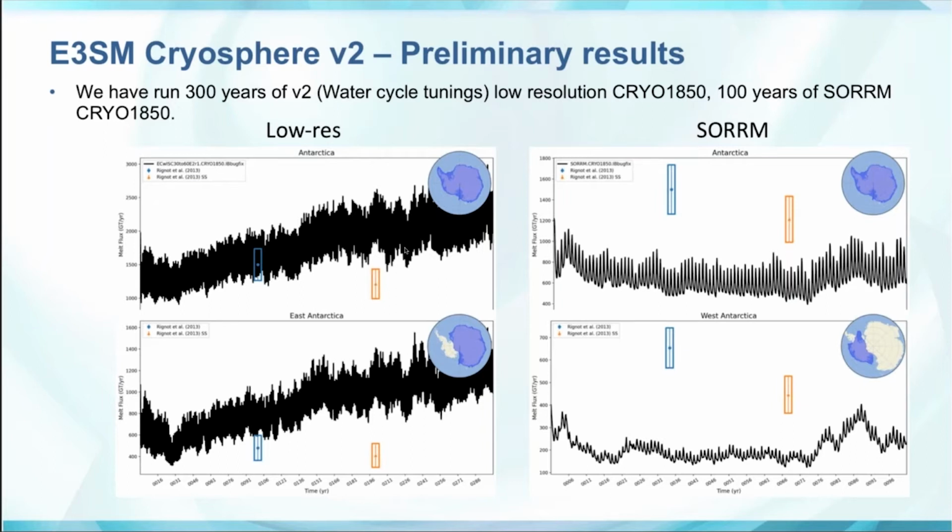For low resolution, we're seeing a steady increase, but I think you can argue in the last 50 years or so, at least the pan-Antarctic melt fluxes are reaching some sort of equilibrium, albeit far too high. This is largely driven by the East Antarctic ice shelves that are experiencing far too much warming.